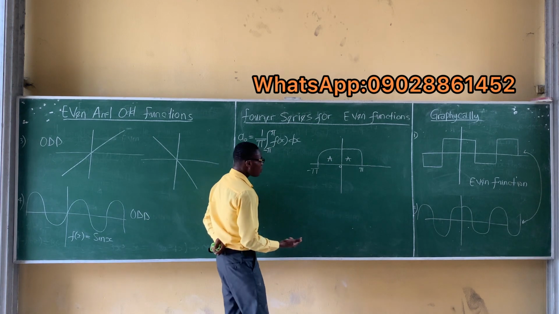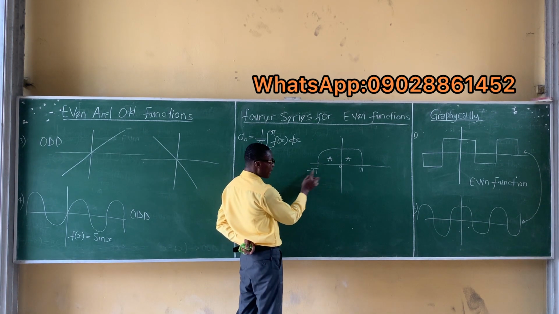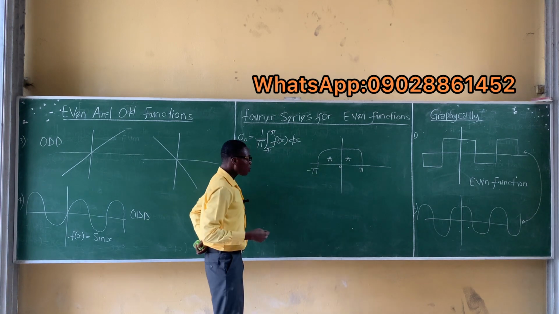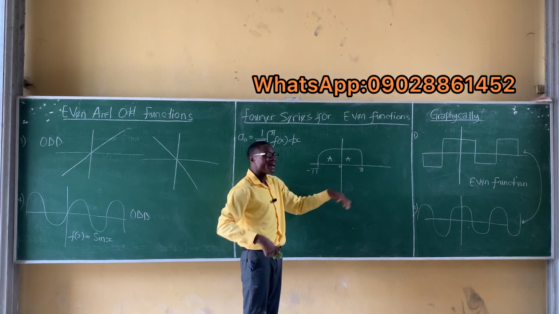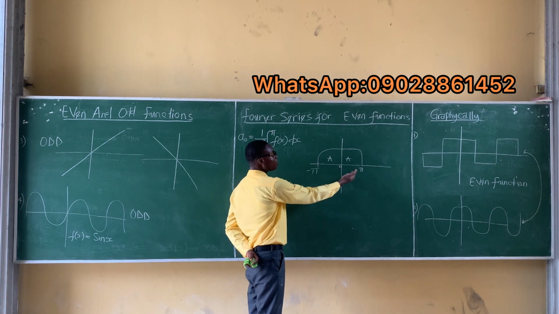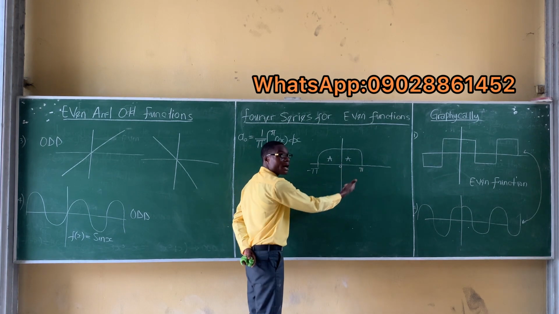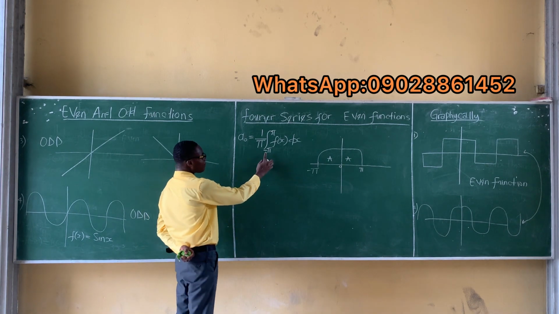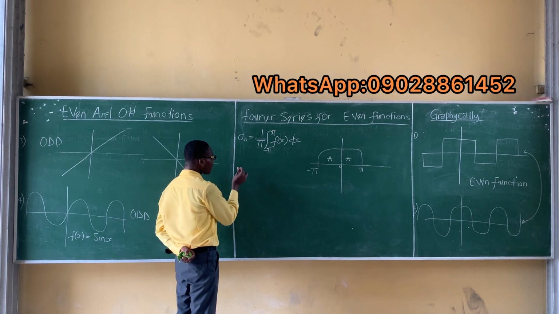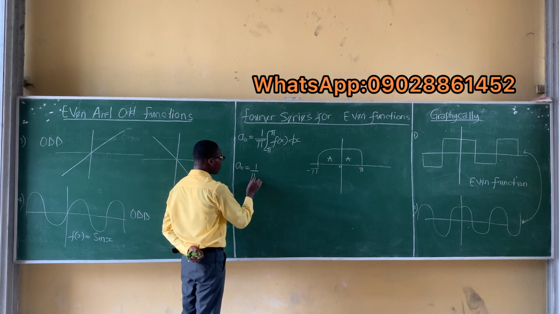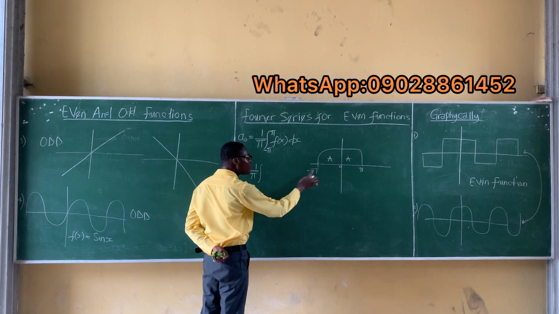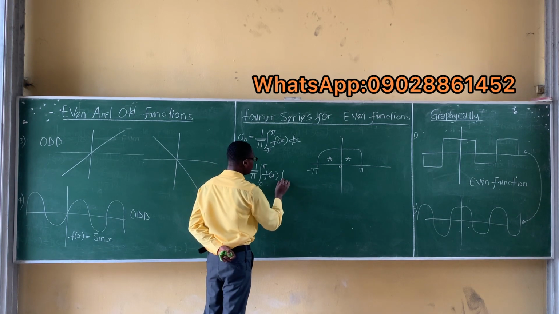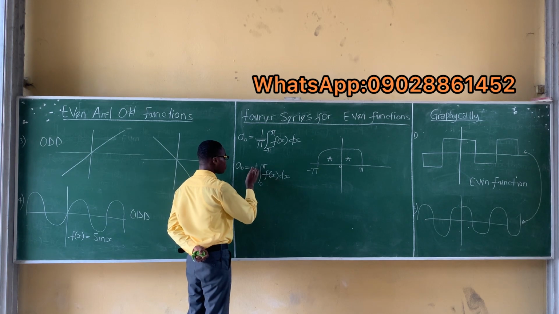But instead of integrating from minus pi to pi, why can't we just integrate from 0 to pi and then double the result? Because from minus pi to 0 is A, and from 0 to pi is still A. Since the function is even, we can just integrate from 0 to pi of f of x dx, with the 1 over pi, and then double our result, 2.